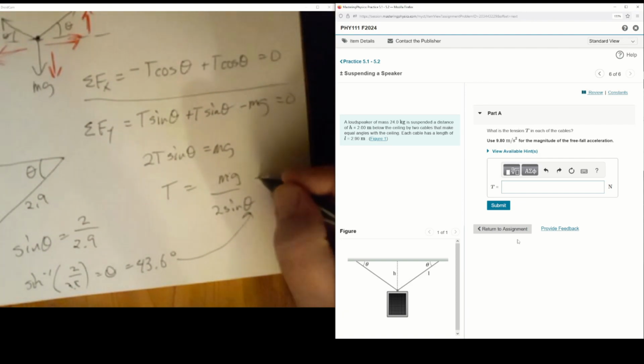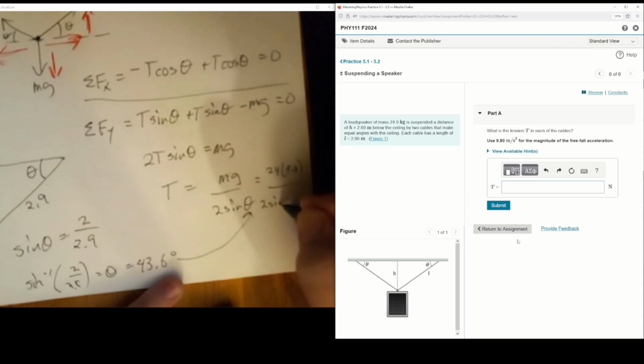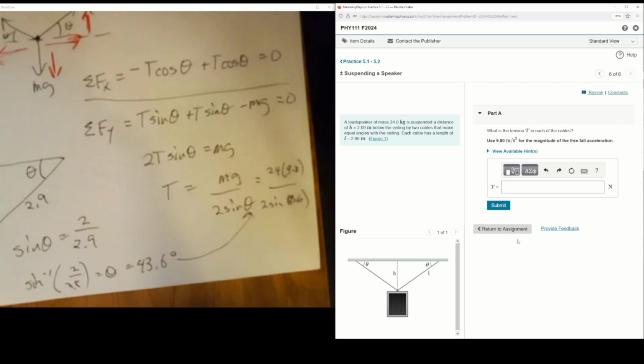So I have the mass, looking at the problem, the mass is 24, g is 9.8, all over 2 sine 43.6. So that's what I will also type into my calculator to get the final answer. So 24 times 9.8 divided by 2 sine, whoops, not inverse sine, regular sine.